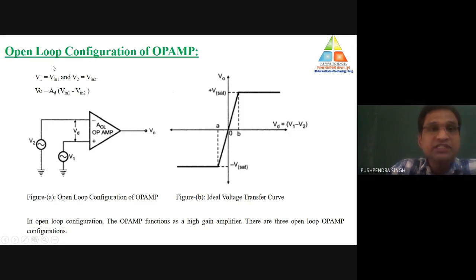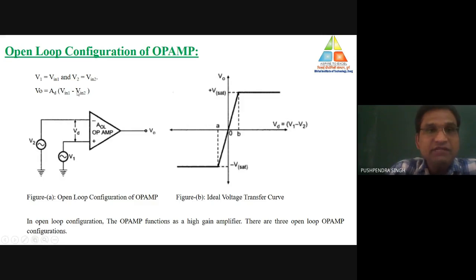In open loop condition, the value of AD is on the order of 10 to the power 5, very high. That means the sign of the output voltage will be positive. And maximum how much voltage can be generated from the op-amp in open loop condition? It's the saturation voltage. So whenever Vin1 is greater than Vin2, the output is at positive saturation.